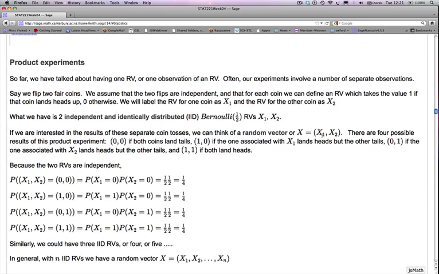So if we think of the 2 IID random variables as a random vector, then there are 4 possible results for this product experiment. Namely 0, 0 if both coins land tails, 1, 0 if the first one is heads but the other is tails, and 0, 1 if the first one is tails and the second one is heads, and finally 1, 1 if both coins land heads.